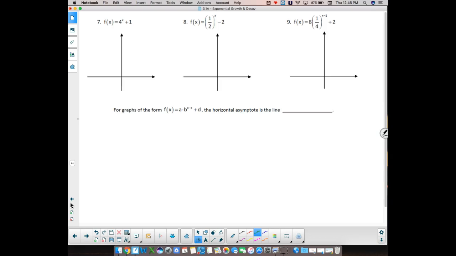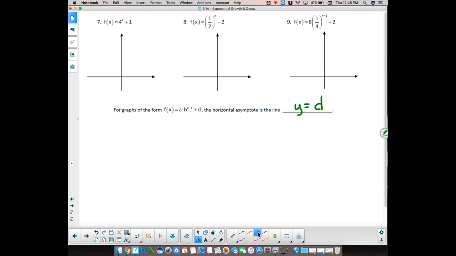Now that is a normal thinking type. It's going to take the whole graph and the asymptote and adjust it to wherever it needs to go. So the horizontal asymptote gets shifted to the line y equals d on that particular graph. And we think normally. We don't think opposite on that one.